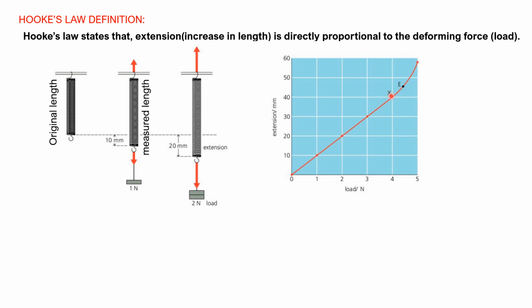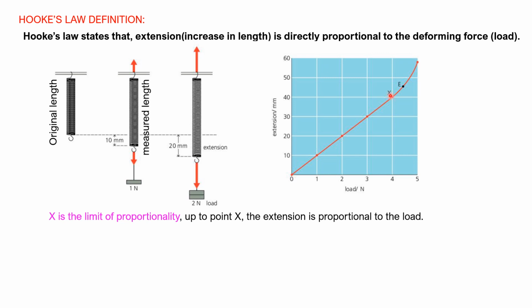Up to x the graph is straight, that is, the line is straight. So it obeys Hooke's law up to x. So x is the limit of proportionality. You must be thorough about this point. X is the limit of proportionality. That means the extension is proportional to the load.